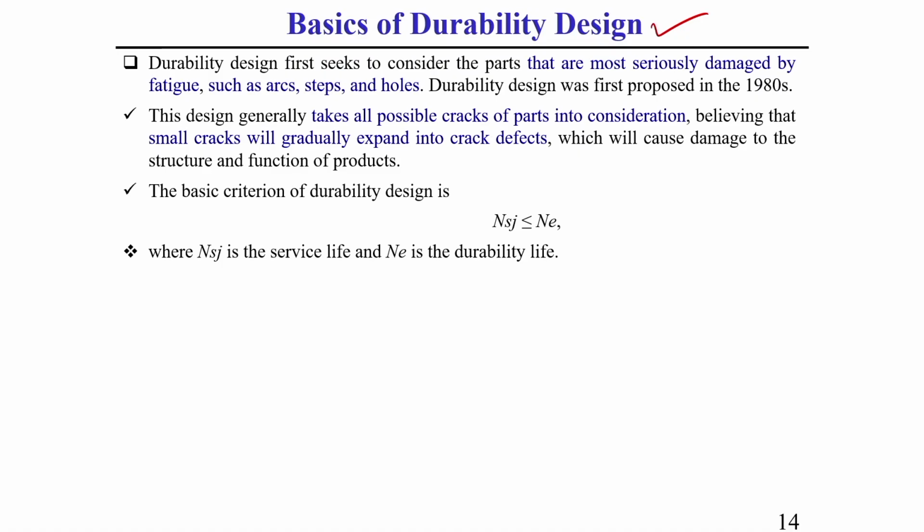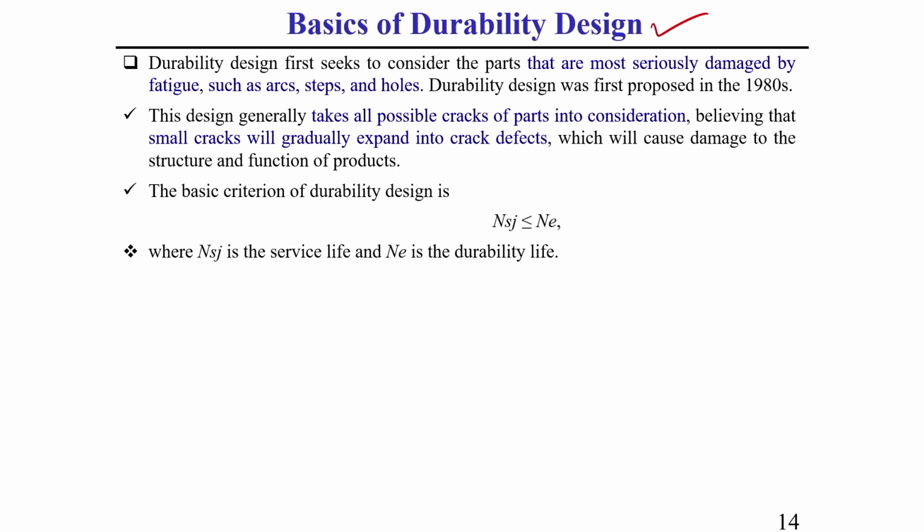What are those parts? Those will be the discontinuous parts, like steps, keyholes, or arcs. Understand, those parts we need to consider first of all.